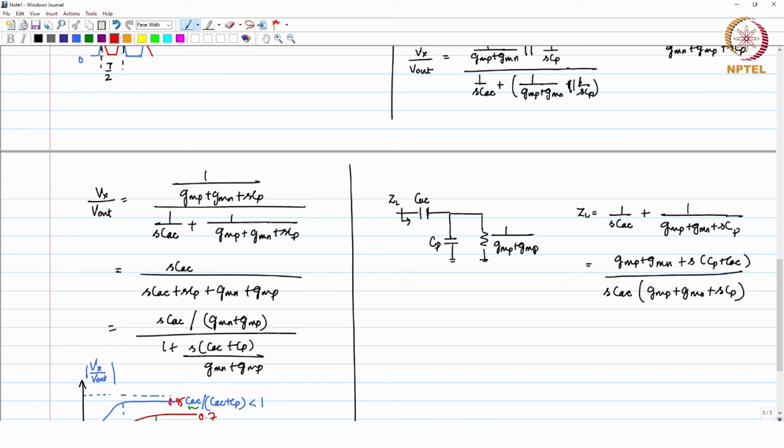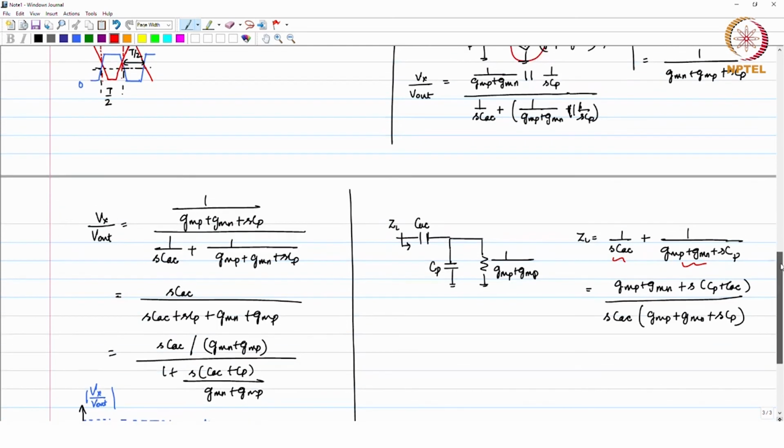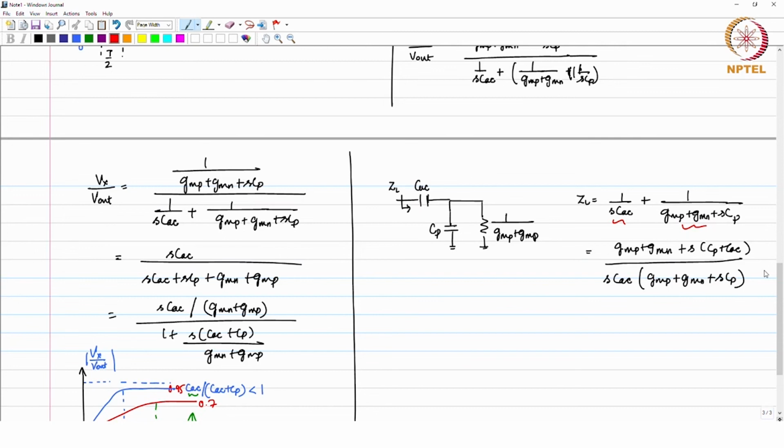Now, this is just a series of one capacitor and another RC, right. So, if you think about it, if I choose my CAC capacitor to be much larger, I do not care about it, just 10 picofarad or something I may use, then this impedance is an approximation, going to be negligible, right.